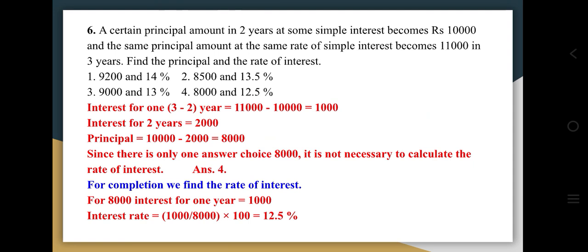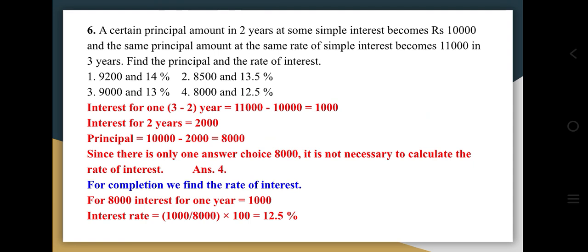So 3 years, 2 years. So 3 minus 2 is 1. So interest for 1 year is 11,000 minus 10,000, which is 1,000. We want the principal amount. So we get interest for 2 years.